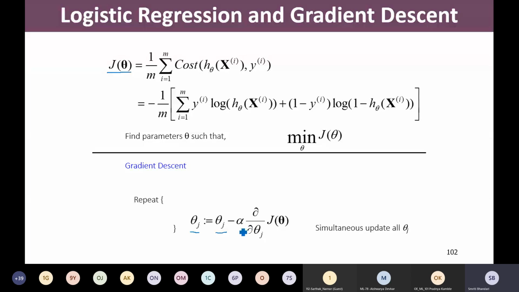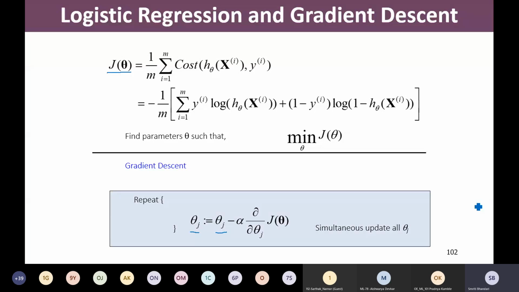We have seen that alpha is our learning rate and J of theta is our cost function. So theta j gets updated in every iteration as theta j minus alpha times the partial derivative of J of theta, and the values of all the theta j's are simultaneously updated. We have studied this gradient descent algorithm at length earlier, so I'm not going into the details of all this.